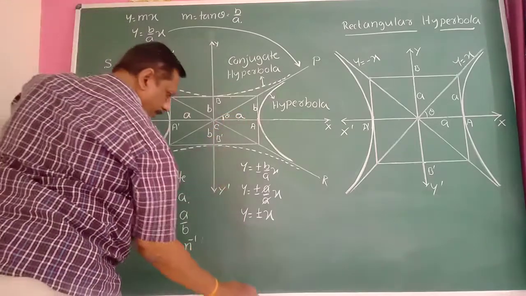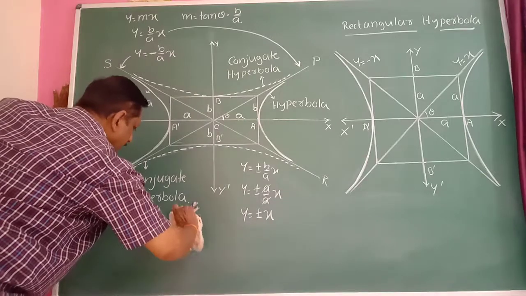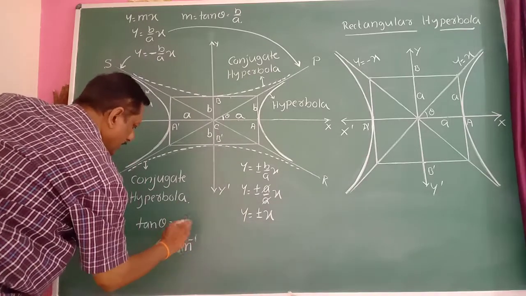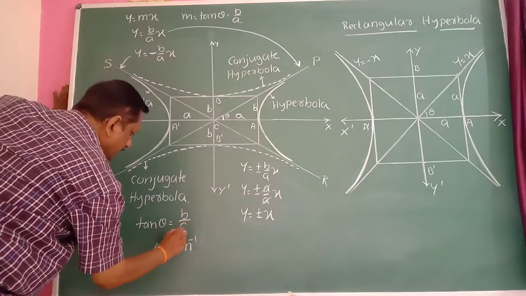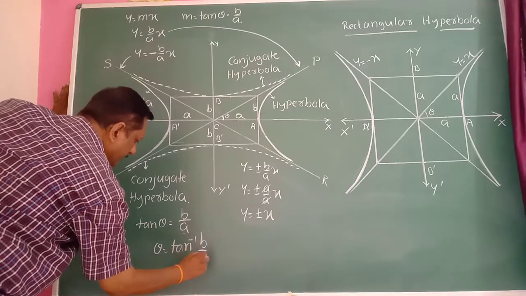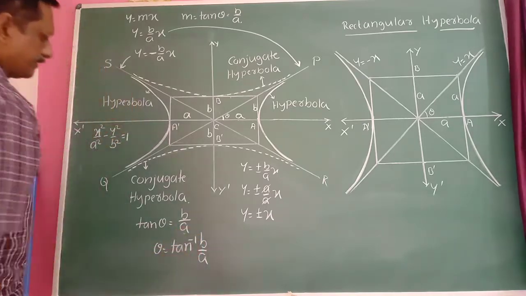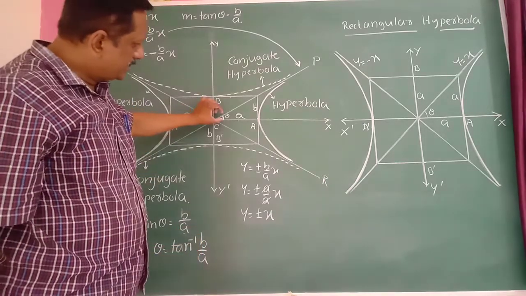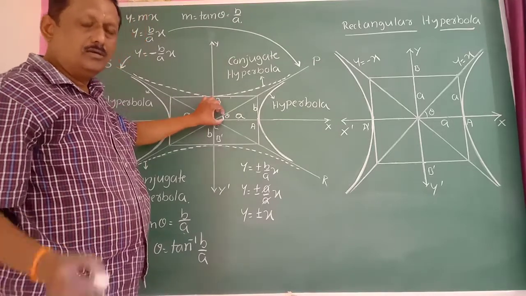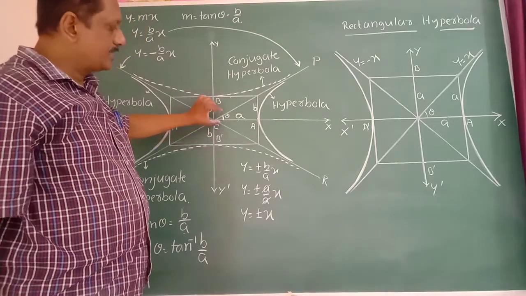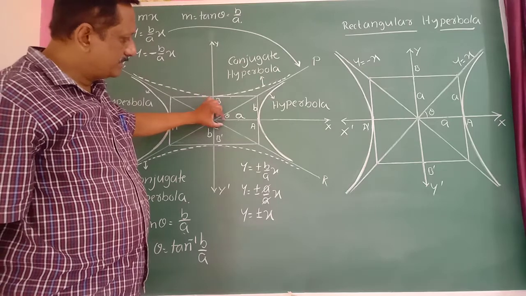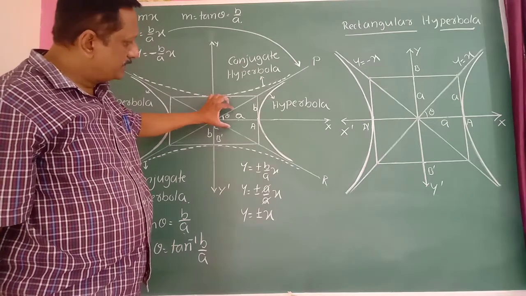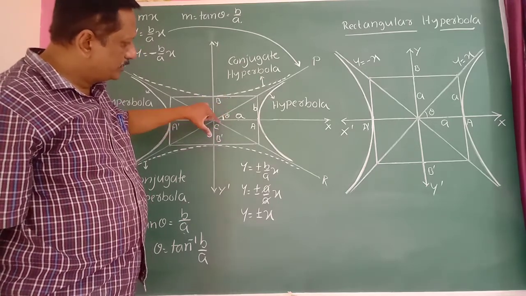Sorry, b upon a, not a upon b. The opposite side is b and the adjacent side is a. So tan inverse of b divided by a. But only this angle is theta, and you know the diagram is symmetrical. If this angle is theta, then this angle is also theta. So the angle between the asymptotes is 2 theta.